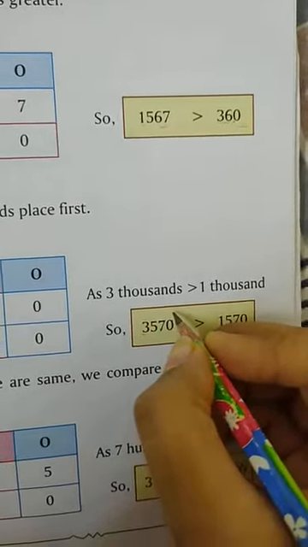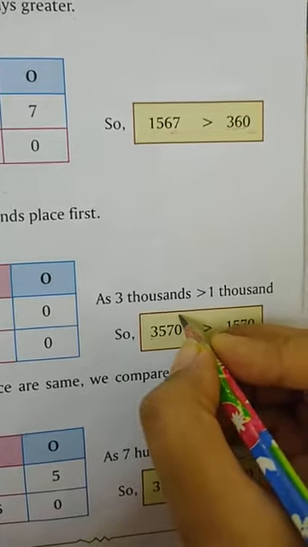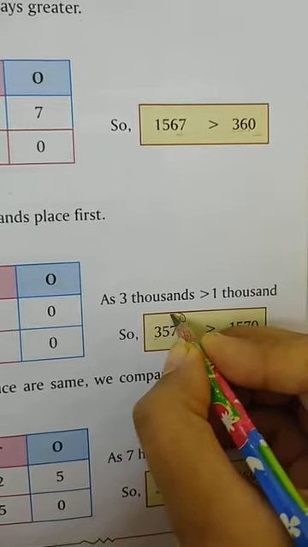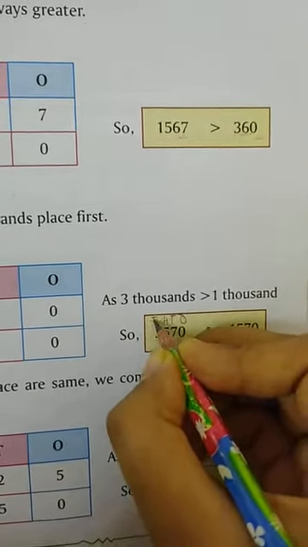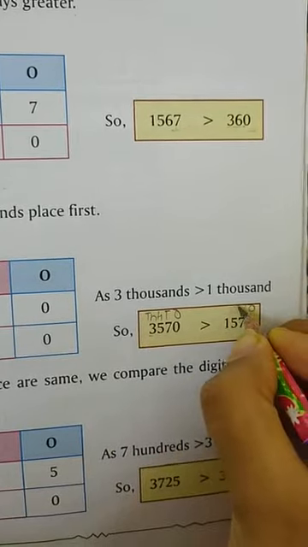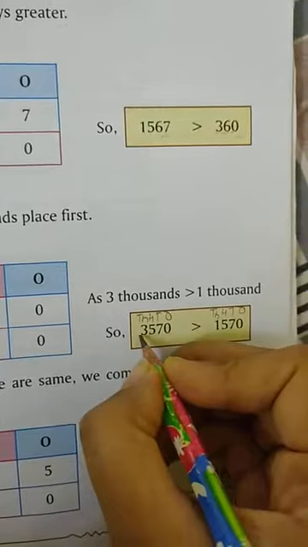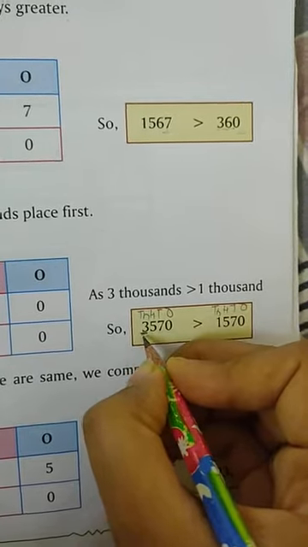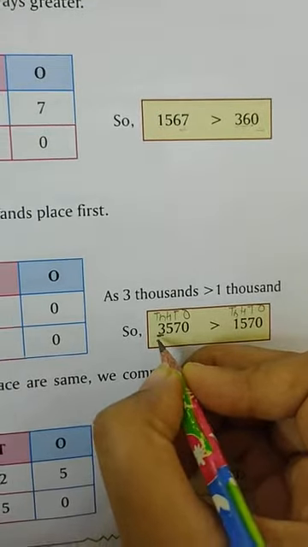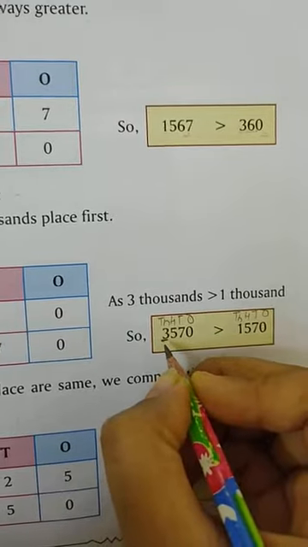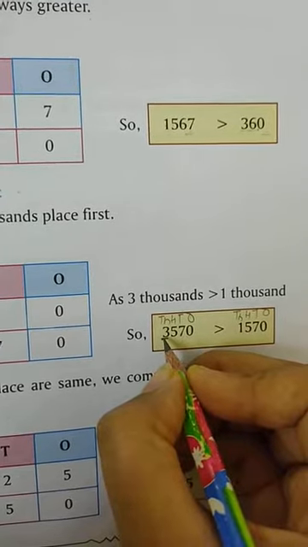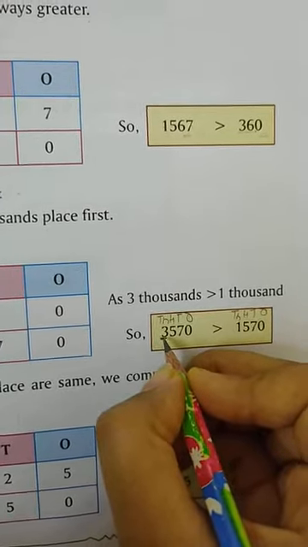Firstly, we will write their place values: ones, tens, hundreds, thousands. So always start from the leftmost side. On the thousand place, which digit is present? 3.